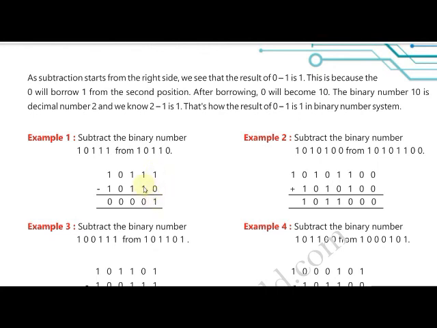Then 1 minus 1 is equal to 0 according to the rule. 1 minus 1 is equal to 0 according to that rule. 0 minus 0, that means a subtraction of two false values, is equal to 0. Then 1 minus 1 is equal to 0. That is the difference between the given binary numbers.